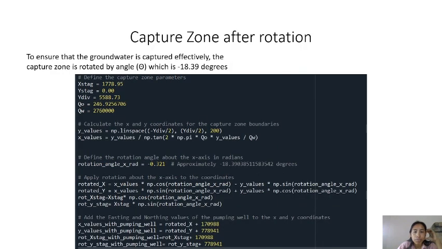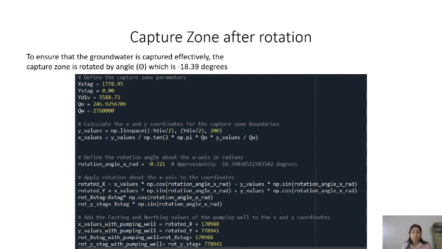Next we are going to find the capture zone after the rotation. Why do we do this? We do this to ensure that the groundwater is captured effectively, so the capture zone is rotated by the angle that we obtained before by fitting the model, which is 18.39 degrees.